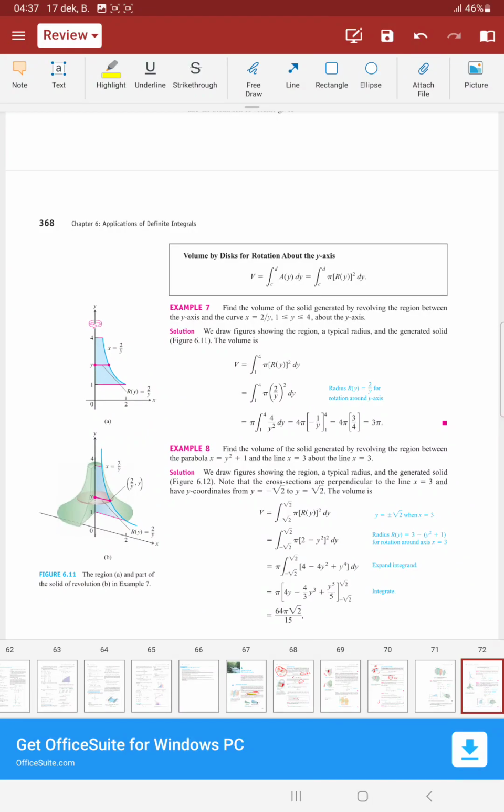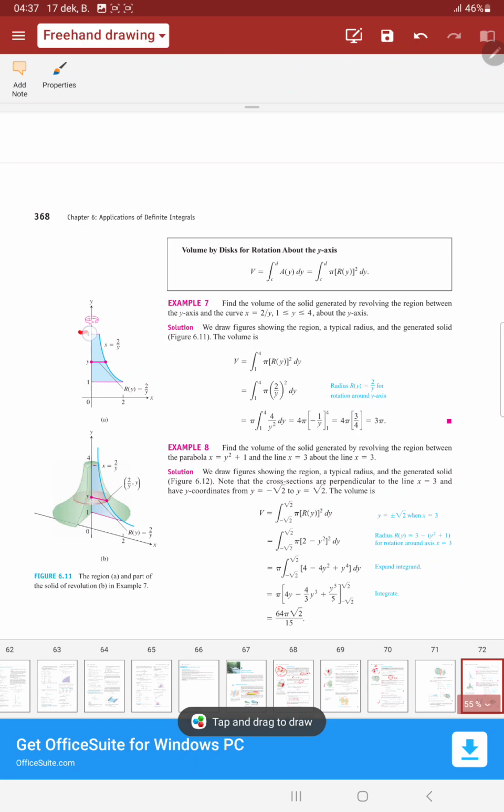What about the y-axis? It will be the same, because if you rotate this solid by the y-axis, we'll get the same picture here, and when we rotate it, we'll get a circle again.